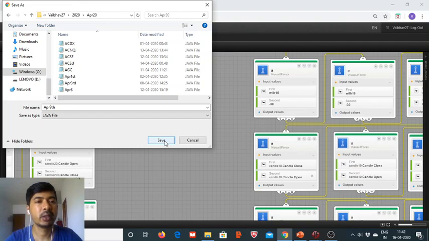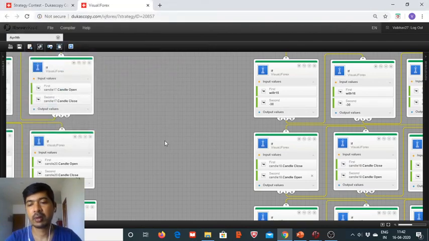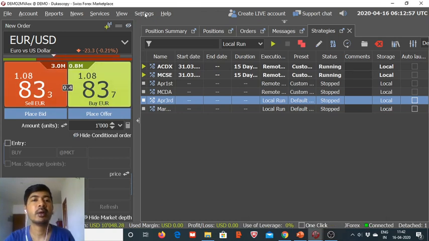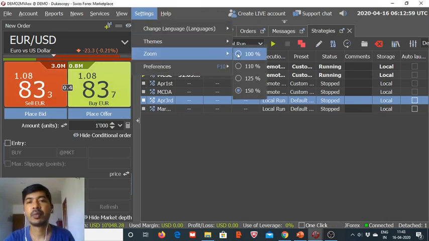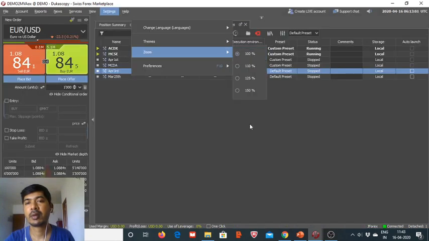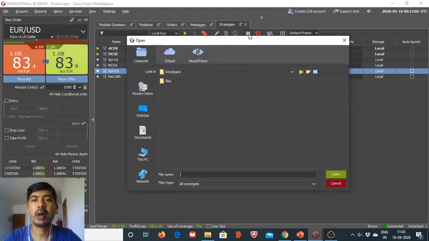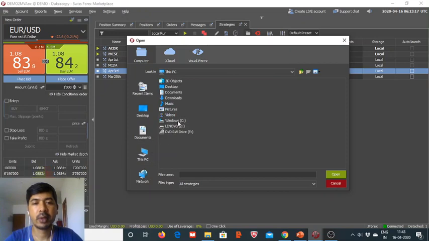So APR 9 is going to be saved, and we export that, import that same file in this demo account. This is a demo account. I have kept some of my personal algorithms running here for the trial run, and we now look for our file which we just saved.